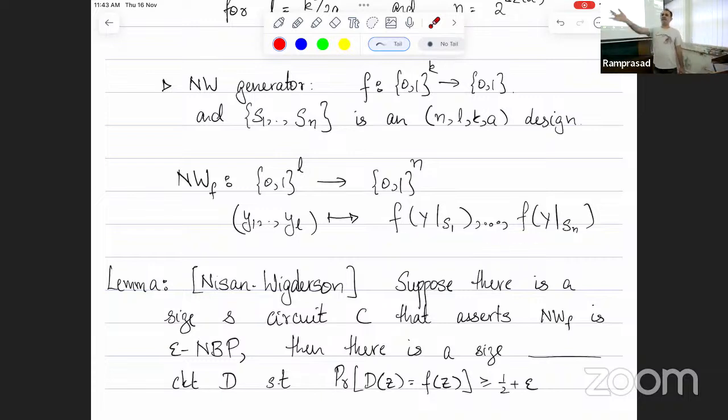That is, it manages to predict the next bit at some advantage epsilon. I then want to say that, given such a circuit C, I will be able to build a different circuit D that actually guesses the function with advantage at least epsilon. So this is what we are going to try and show.